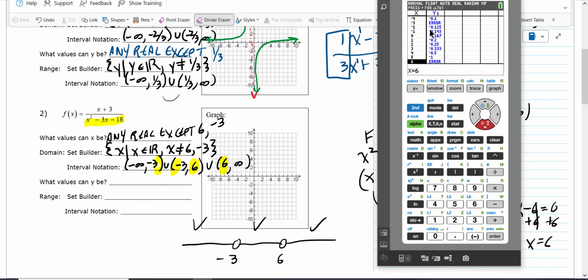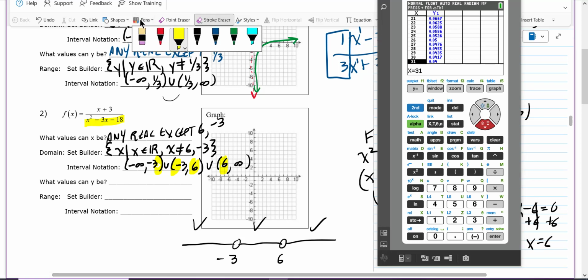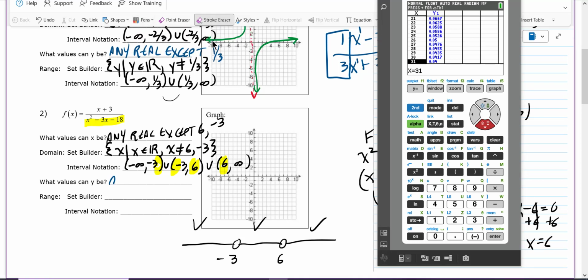Okay? Now, if you look at this, if we get bigger and bigger and bigger, the same thing's going to happen. You are never going to hit 0. You never will. You're just going to get closer to it. So y can be basically, according to your calculator, any real number except 0.